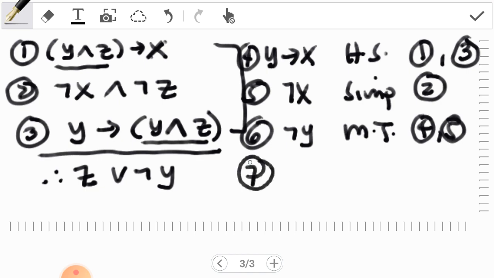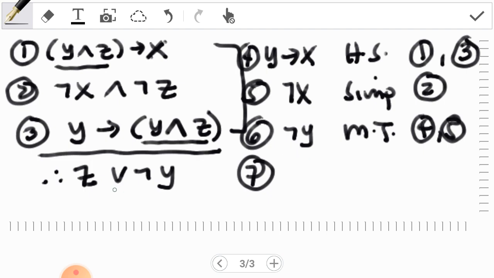And next, what do we need? Z or not Y. We already have not Y here, but where can you get Z there? You cannot find a single Z in the expression. But if you go over your list again, you have your rule of addition. The addition rule states that if you are given a proposition, you can add another proposition as long as the connective that you will use is an or.